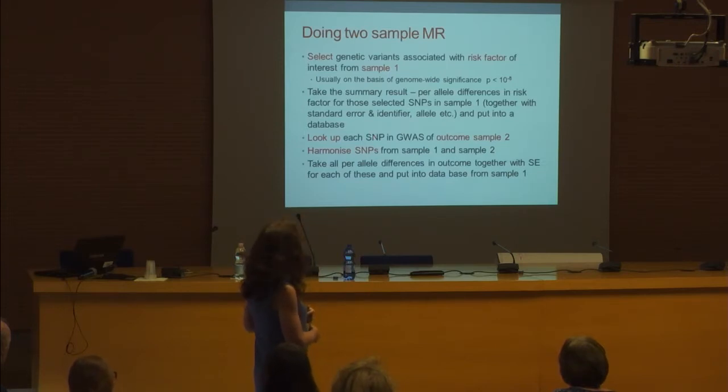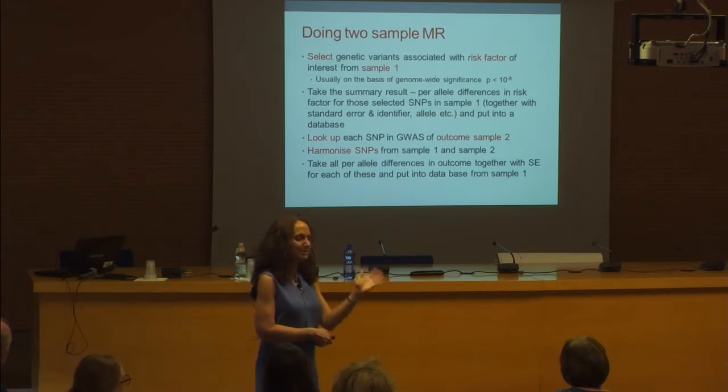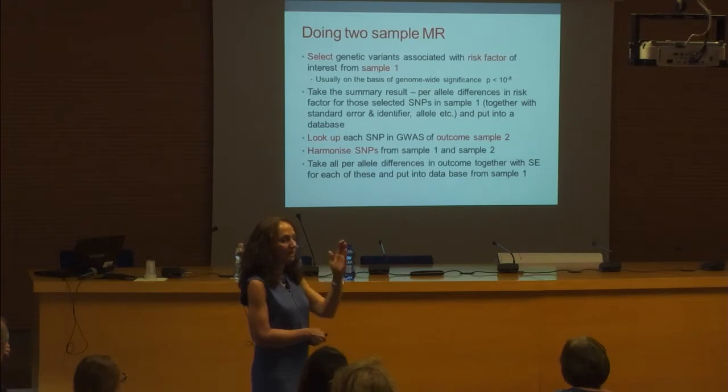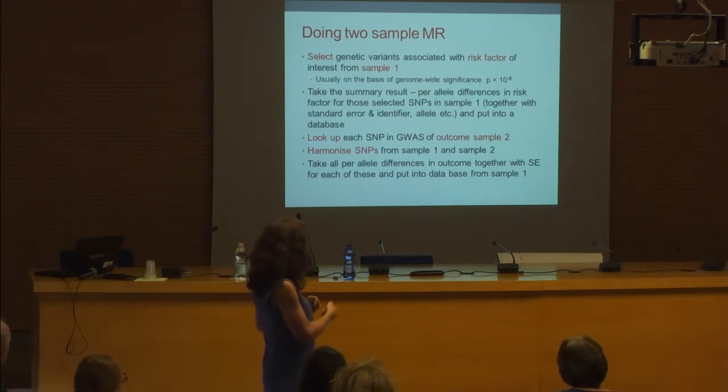So you then look up each of those 26 blood pressure SNPs in sample 2. You then have to go through several steps, which, if you're interested, have a look at Fernando's paper, to make sure you have correctly harmonized and got them in the same direction and actually measuring the same alleles for each SNP. And then it's a simple ratio of the two samples.